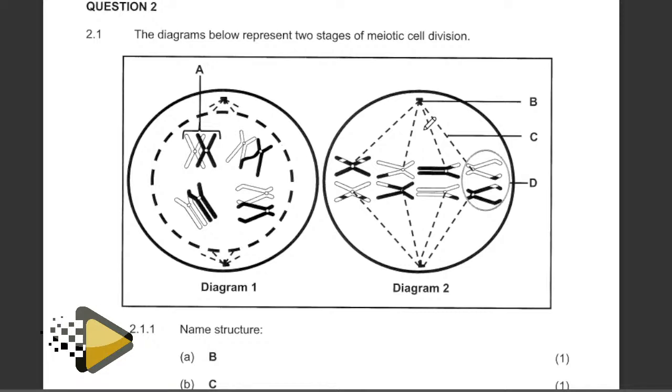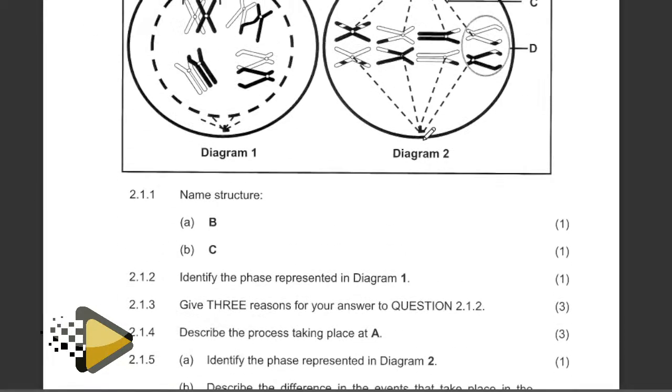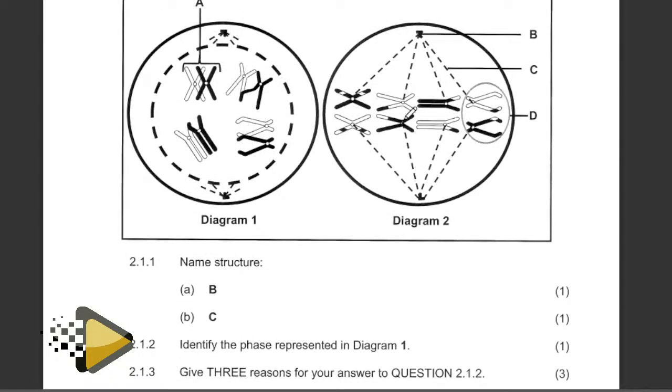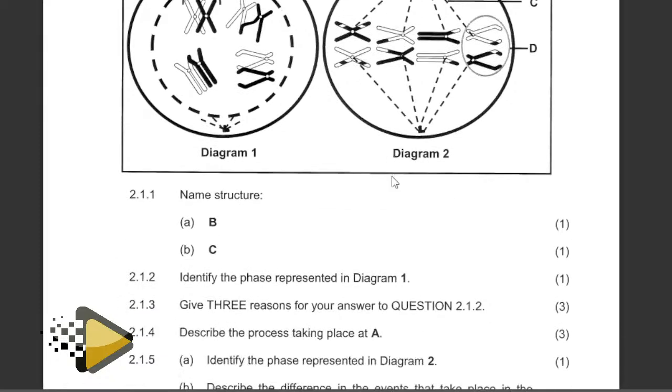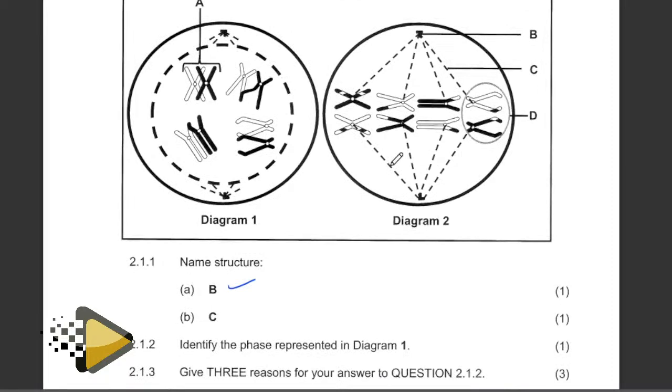Then they're saying, name the structure. So here is, I told you about it. Name the structure B. What is B? We come here, we look for B. Is a centroid. Remember yesterday I told you that please turn it so that it runs east to west. Is it east? Is it west?